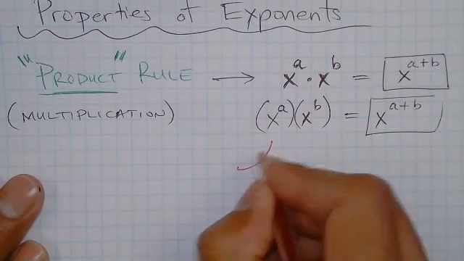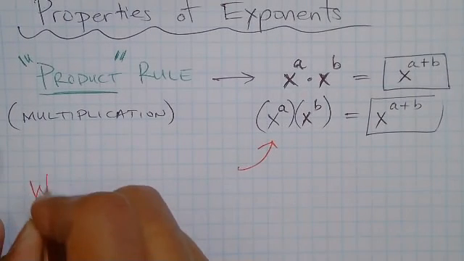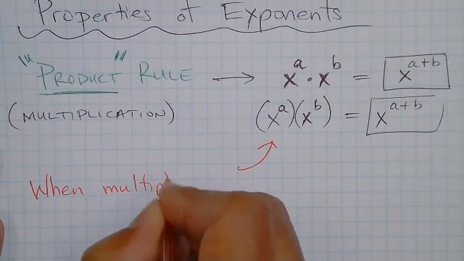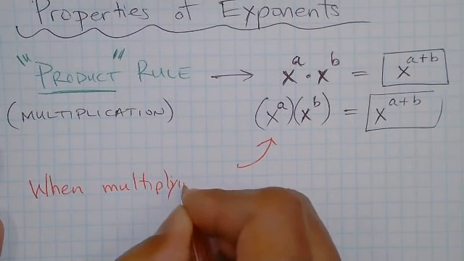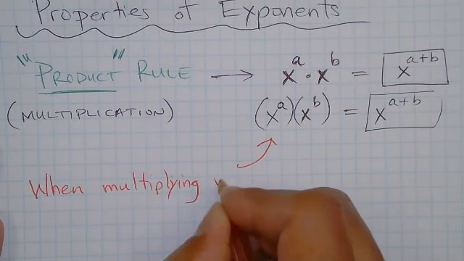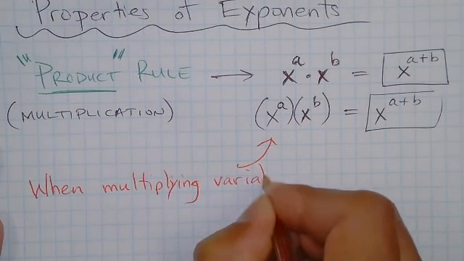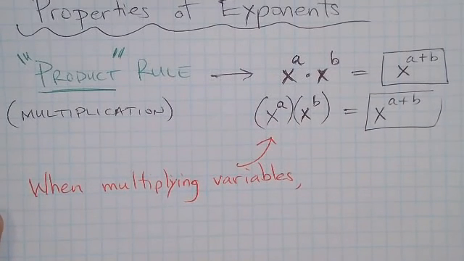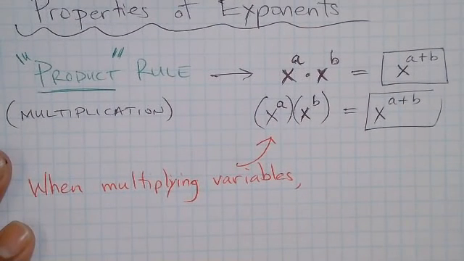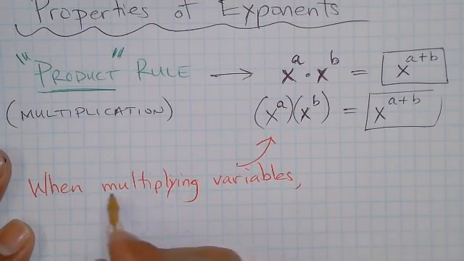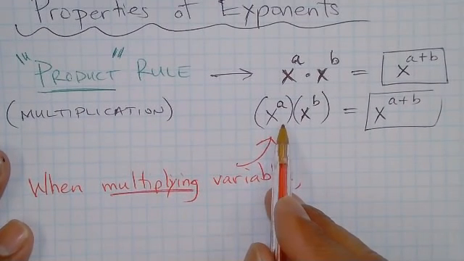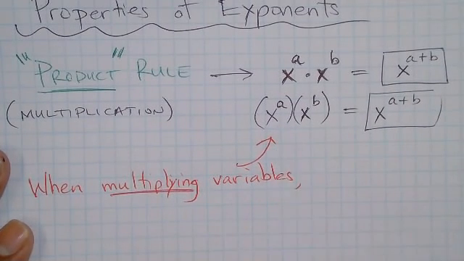So when multiplying, let me write this in words. When multiplying variables, you see it says multiply. The problem says multiply, but do we actually multiply?